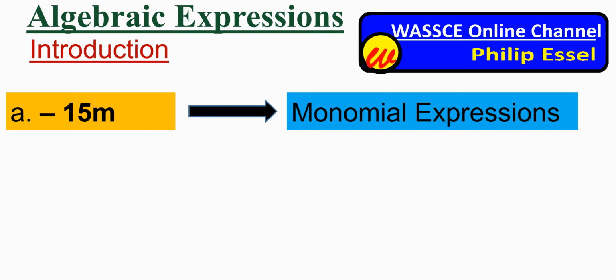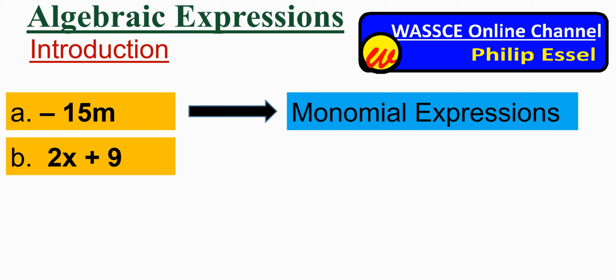Also, we can have an algebraic expression in two terms. For example, 2x plus 9. This algebraic expression is in two terms. The first term is 2x, or positive 2x, and the second term is positive 9, or 9.